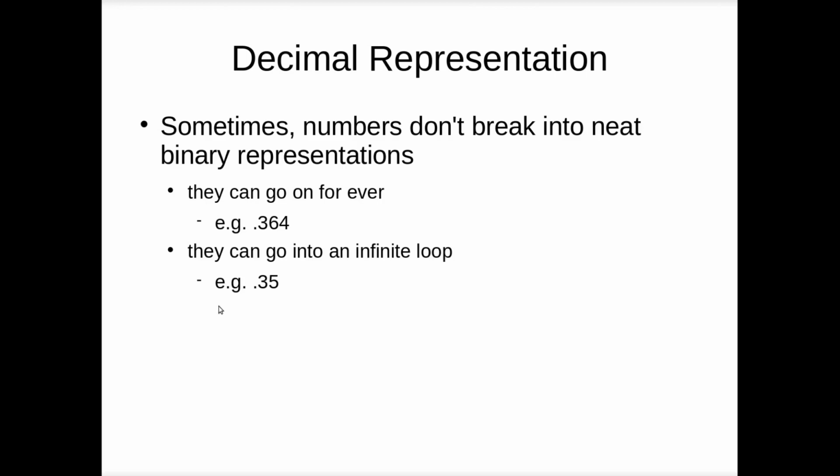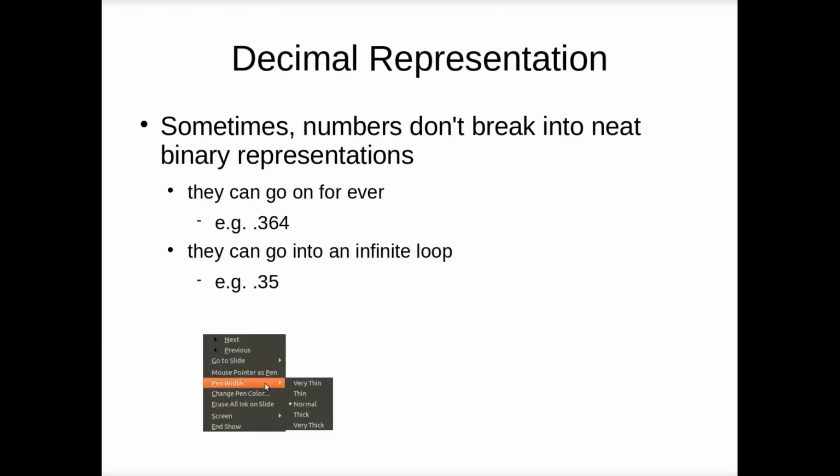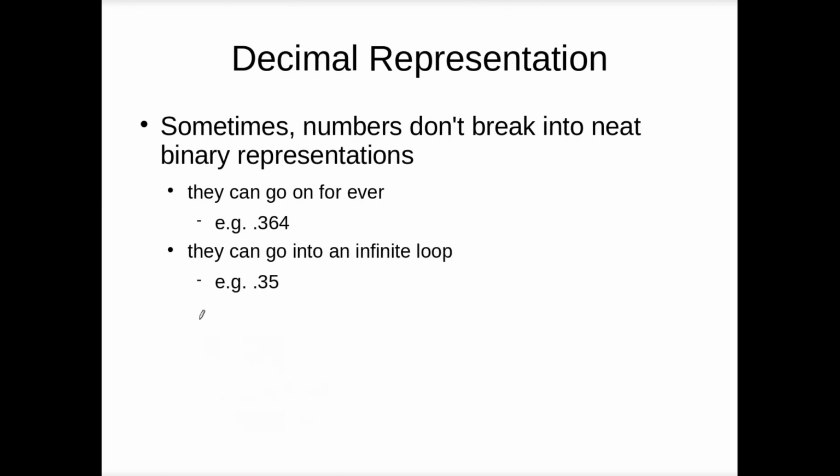However, in some instances, numbers don't break into neat piles. They can go on forever. So, for example, if I do either of these two numbers, I'll pick an easier one. Say I do the number 0.1, and I use the technique, it's going to go on forever.